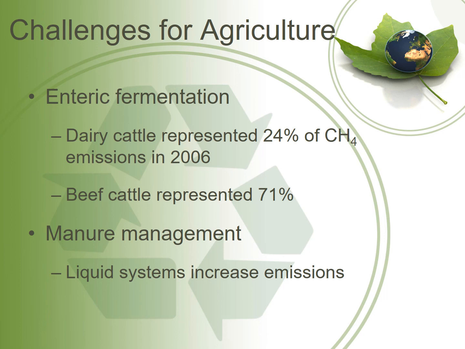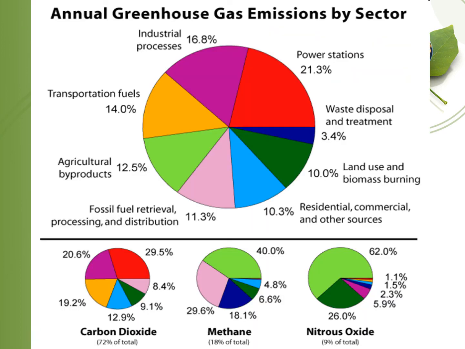So challenges that we have are enteric fermentation, which occurs in cattle, and so it's going to cause emissions. And then manure management, liquid systems are definitely going to increase emissions.